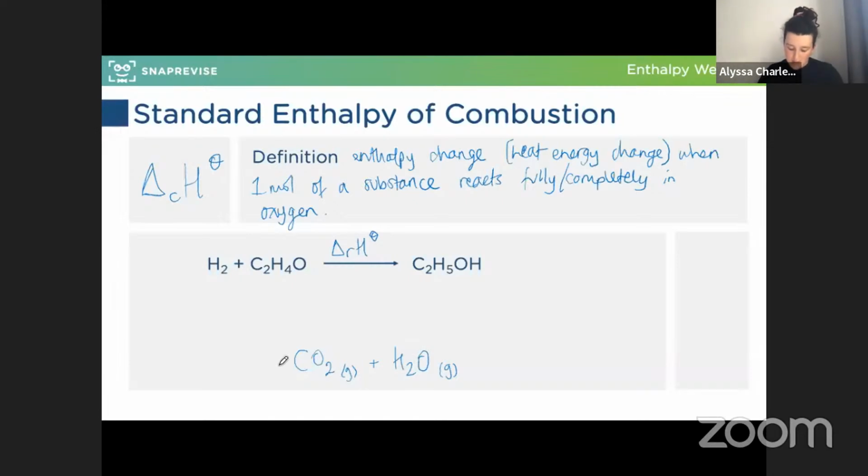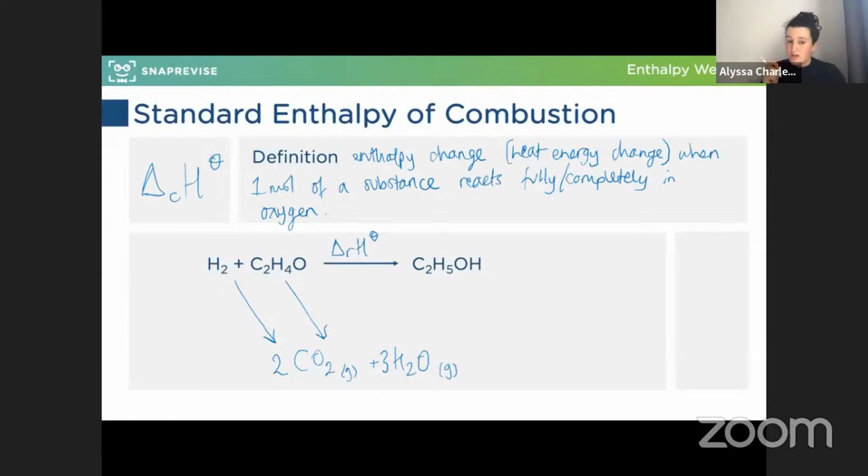Well, there's going to need to be 2 moles of CO2 formed because there's 2 carbons in the starting product. And there's H2 there as well, which is also burning. So that's going to need to burn. 1, 2, 3, 3 moles of water are going to be produced, which means in total, I'm going to need to use 3 moles of O2.